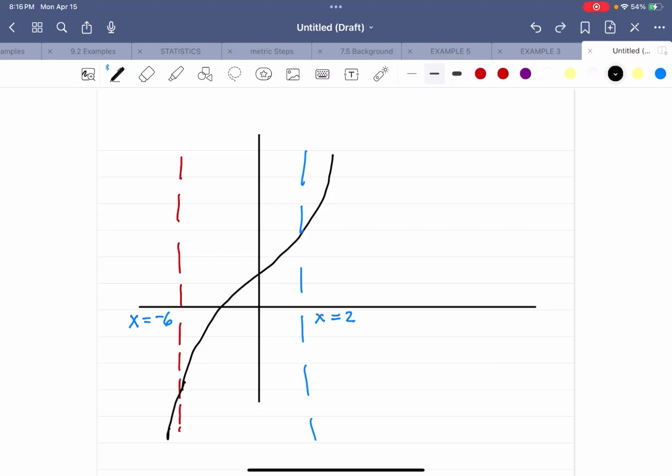And so they'll say the area bound by x equals -6, x equals 2, f of x equals, and they'll give you the cubic function.